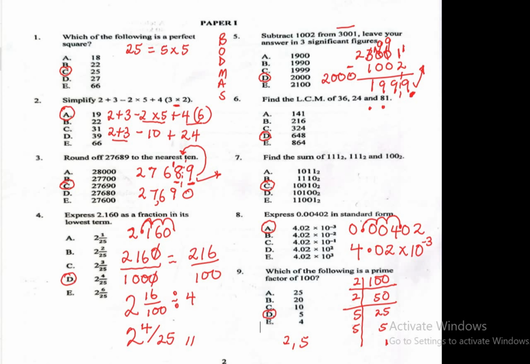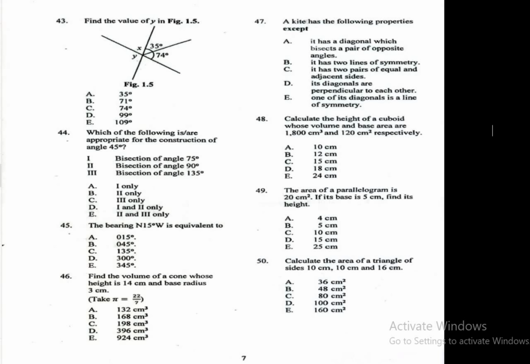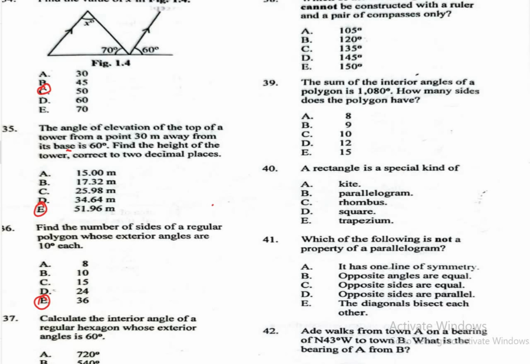Paper 1 has 60 questions. I've solved the first 40 questions. We'll be taking questions 41 to 60 and then we'll be done with paper 1. For those of you that have not watched lessons 1 and 2, they are on my channel. Look them up and practice before you take your exam.